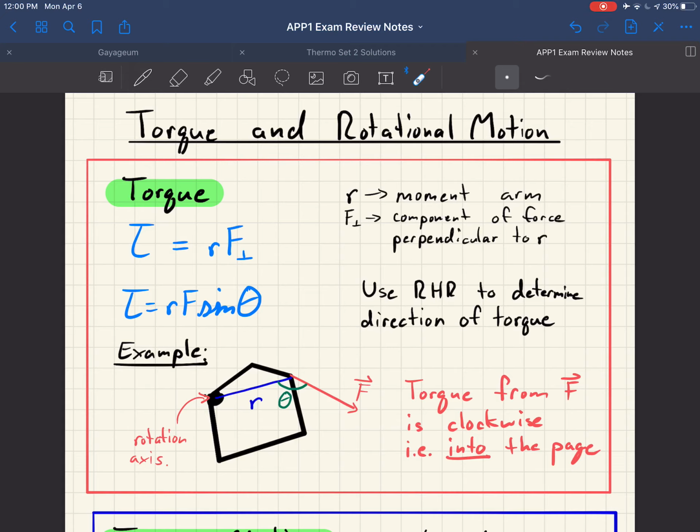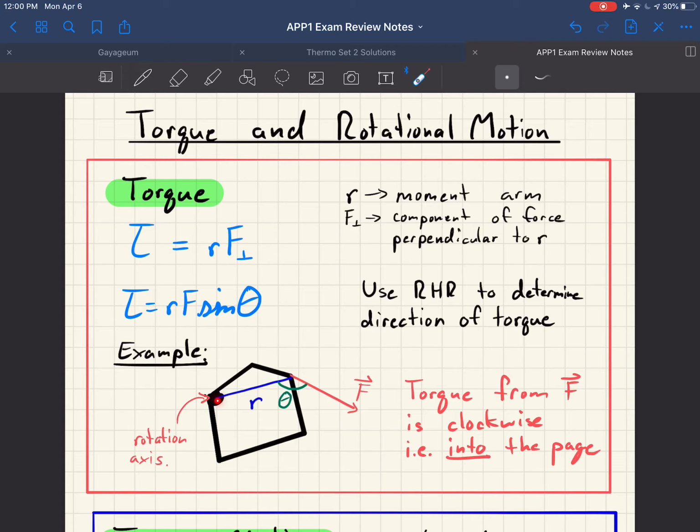To find the direction of torque, we actually use the right-hand rule. In this example, this thing would want to rotate clockwise, but we can use the right-hand rule to define the vector direction of this torque because torque is a vector. If you curl your fingers in the clockwise direction, you have to point your thumb into the page.